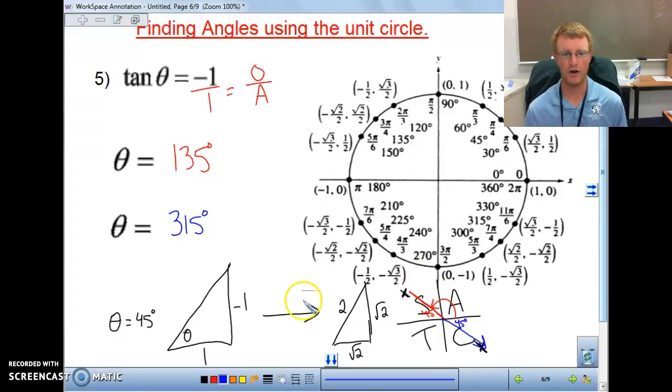Then you determine the quadrant and figure out what that reference angle translates to for our actual angle. Remember, the answer is not 45. The reference angle is 45, and we come up with our angle by figuring out what the terminal ray would be with that reference angle.